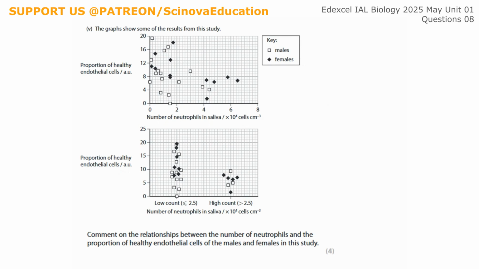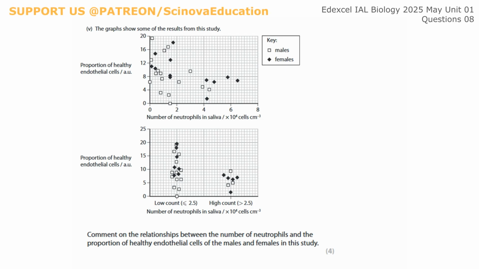In this upper graph, you can see much scattered points, and they have summarized it in the second diagram as a low count result and a high count result. They have determined the low count of neutrophils as less than 2.5, count of neutrophils higher than 2.5 as a higher count, and they have summarized the results for you to easily analyze.